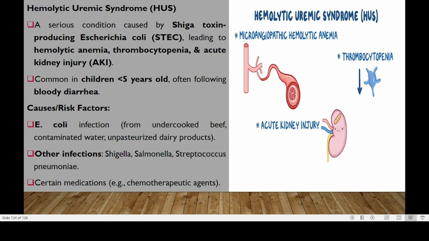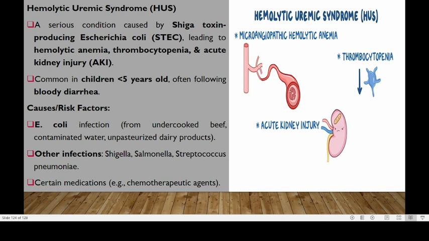This condition is more common in children who are less than 5 years, right? Less than 5 years of age. And this one normally follows bloody diarrhea.